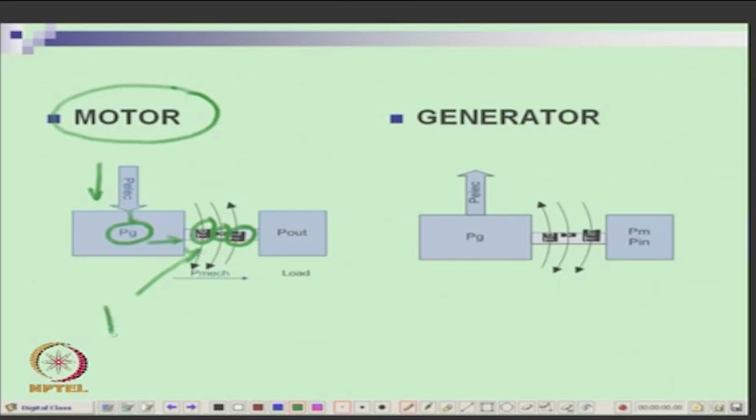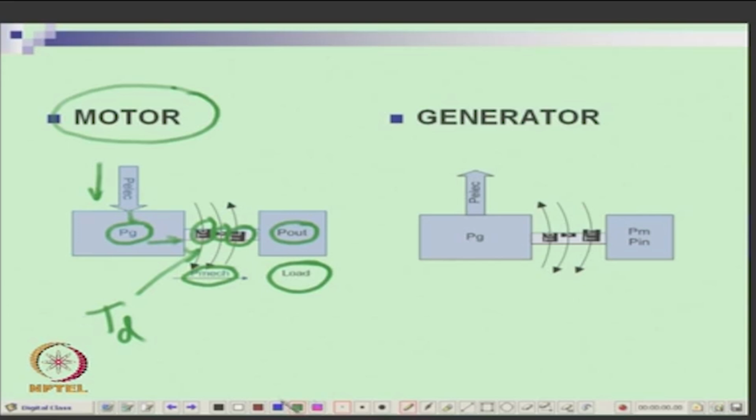This is the developed torque TD which will be in the same direction as speed, okay. Developed torque is same direction as speed and the load torque opposes the developed torque. Load torque opposes the developed torque and load torque is opposed to the speed, okay. So, the P mechanical power is going like this, okay, and this will be the output power which goes to the load, this is your mechanical load, this is the motoring.